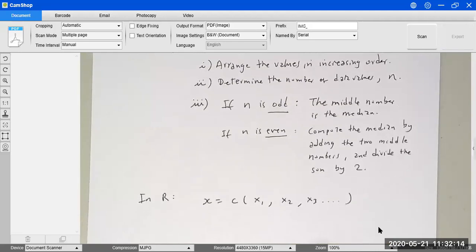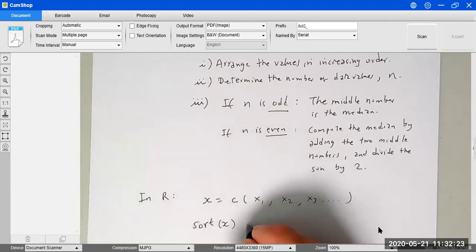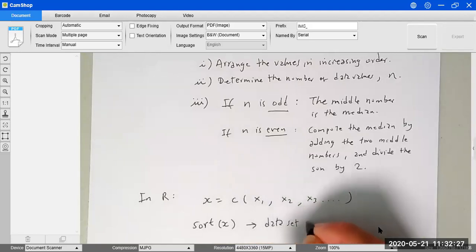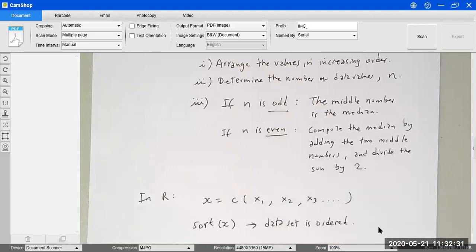And then you're going to use sort x, and that is going to give you your data set now in order. And again, you just inspect the set and look for the value. You can also use a function in R to do that in a single step.